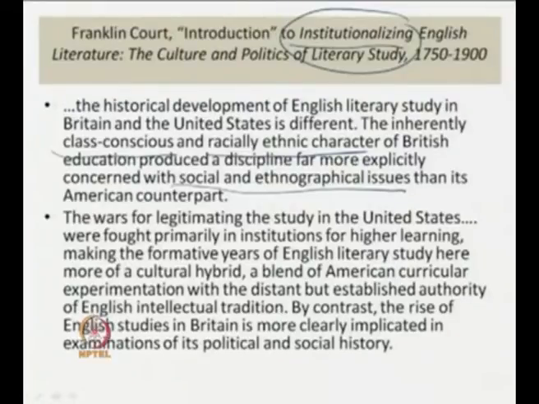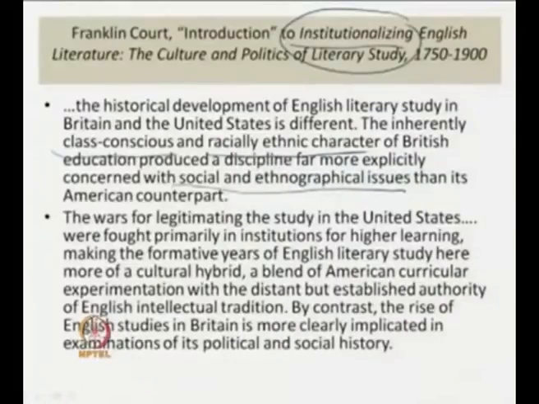Court claims that the study of English literature in England, its impulse, so to speak, its motivation, if you will, rests on the important issue of class consciousness in literature, and the racially ethnic character of British education, right.